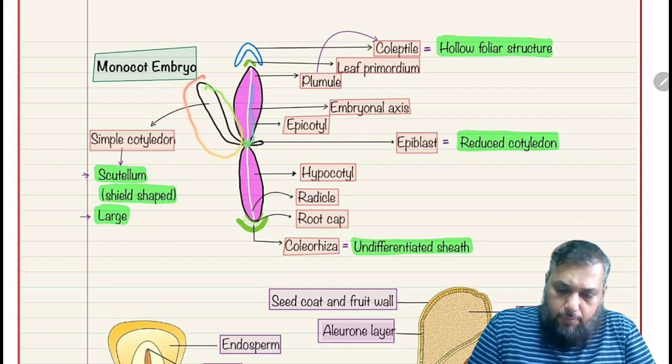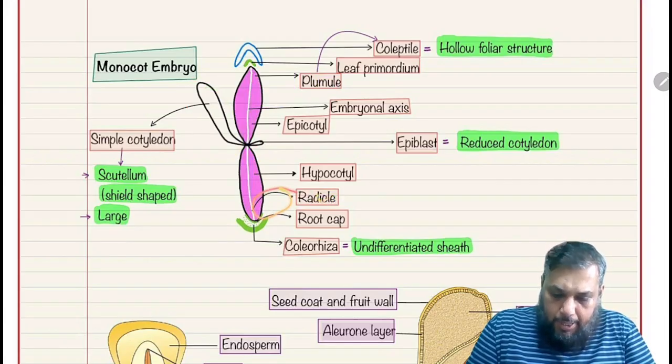The region above is epi, below is hypo. The upper tip of the embryonal axis is the plumule, and the tip of the hypocotyl is the radicle. The radicle will develop into the root system, and the radicle is covered by a root cap which is protected by an undifferentiated sheath called coleorhiza.